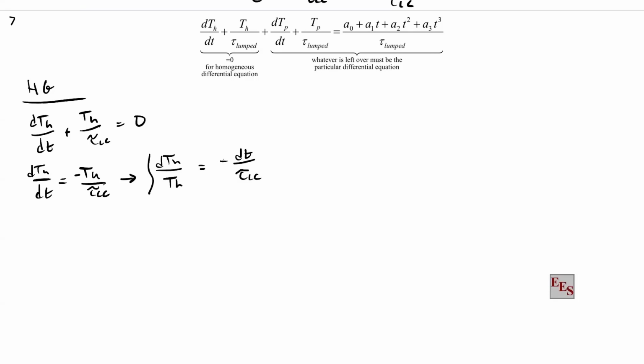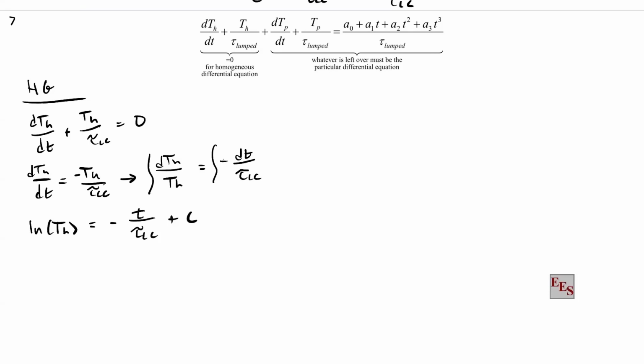Then let's integrate both sides. If we integrate the left-hand side, we get ln of Th, and on the right-hand side we get minus t over tau LC plus some constant of integration, C. Hopefully you could do that in your sleep.